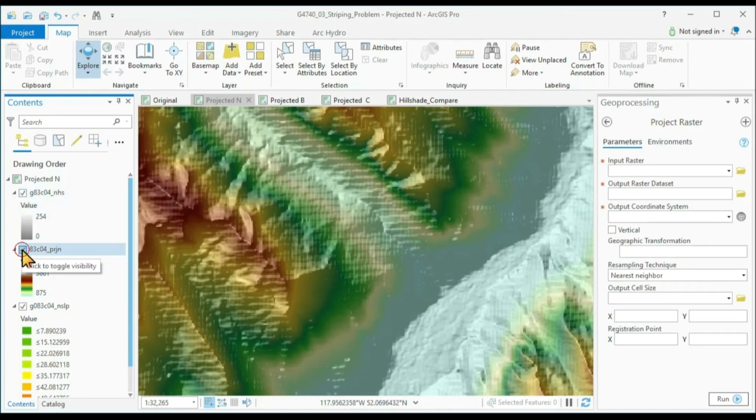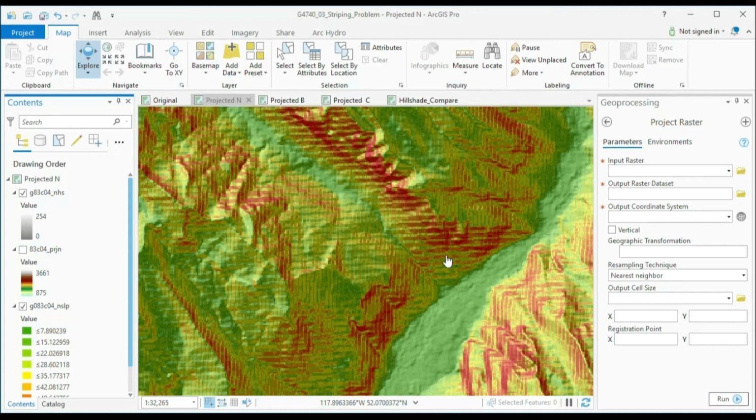Let's look at the slope. The slope also has these striping issues in both directions, vertical and horizontal, or east-west and north-south. So this is something to be concerned with, and you would not want to use this kind of projected elevation model for any further analysis or for display purposes.